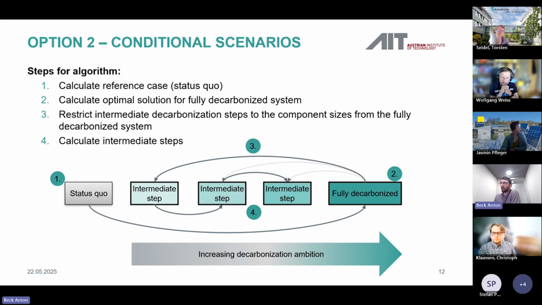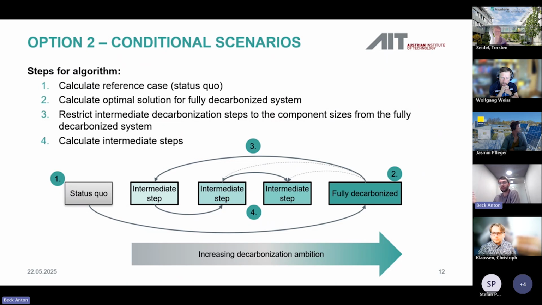So then to avoid this possibility of stranded assets, we came up with some simple strategy to first calculate the configuration for the fully decarbonized system and then restrict the capacities for the different technologies for intermediate decarbonization levels.